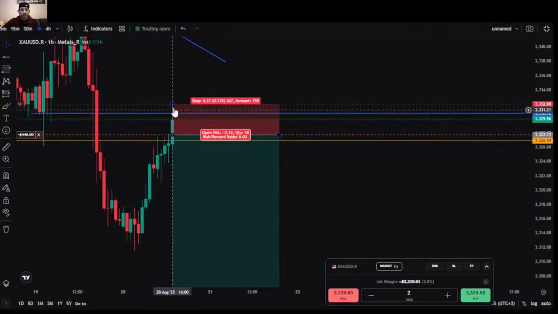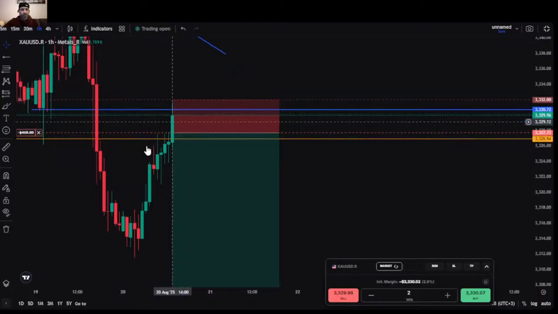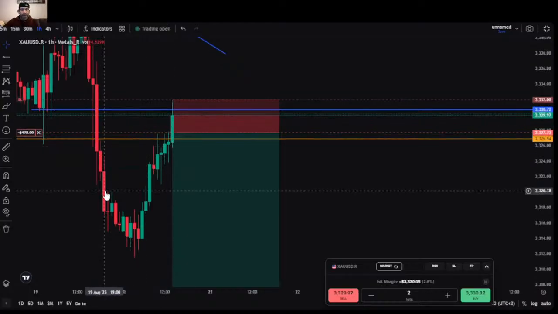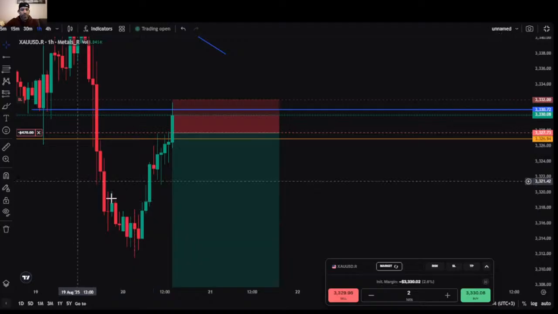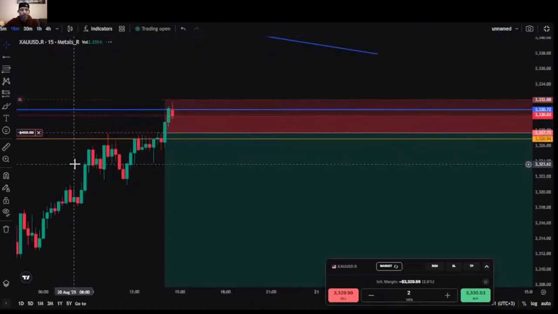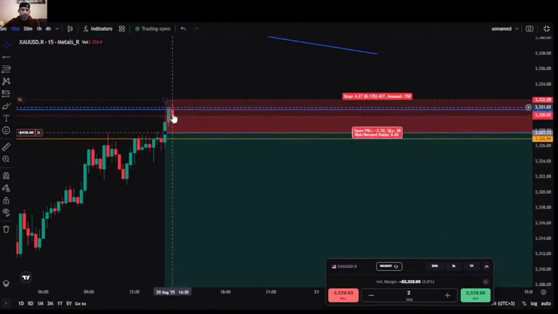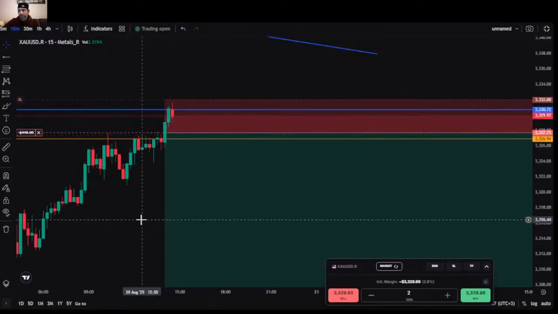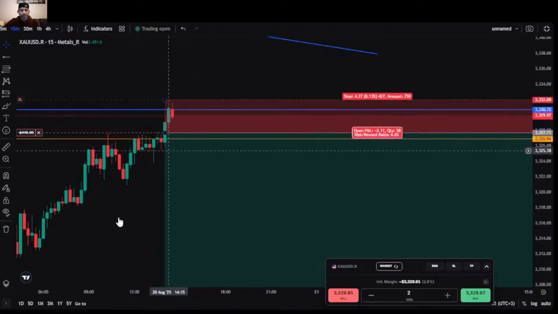Oh, wow, we almost got stopped out here. Need a little bit of a pullback here. See what the 15 minutes looking like here. Oh, 15 minutes flipping bearish here. What do we got? 2 minutes left. Let's see, we'll come back down here.